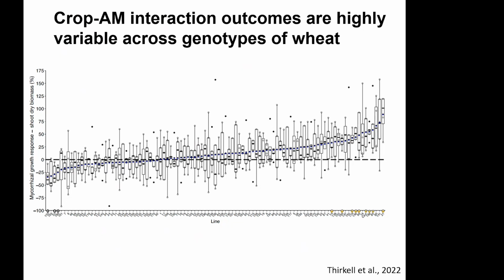So he looked at their growth response in plants that had mycorrhizas versus plants that didn't, across this mapping population of wheat. So he tested 100 different lines, and he found that you got this whole swathe of different responses to mycorrhization in those crops. So some varieties could increase biomass by up to 50%, whereas some actually decreased. All right, and it's probably to do with compatibility between the fungi.